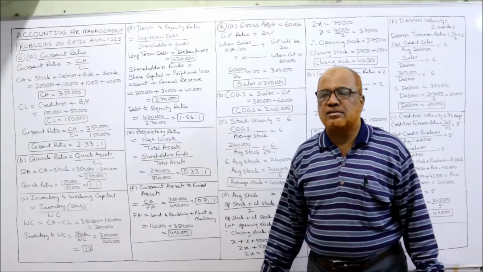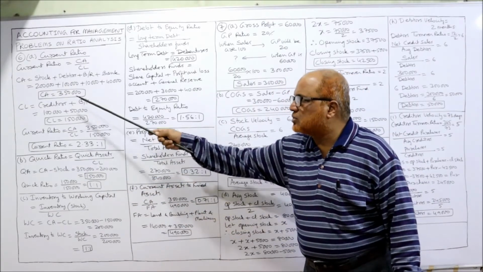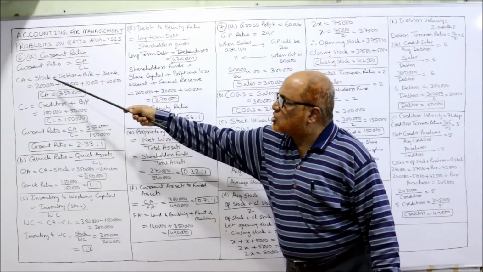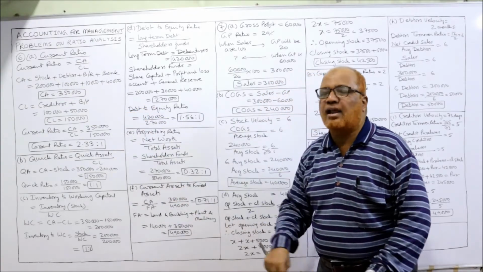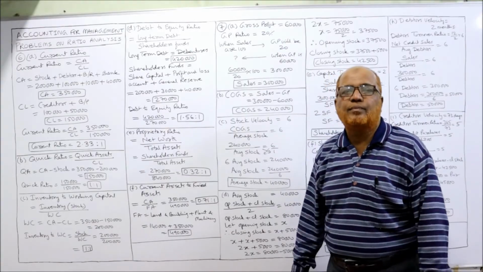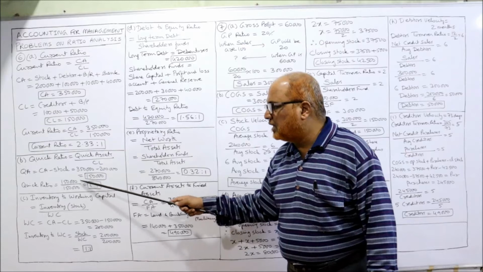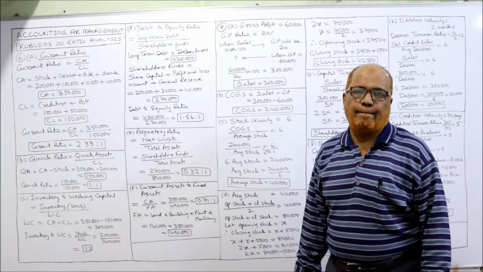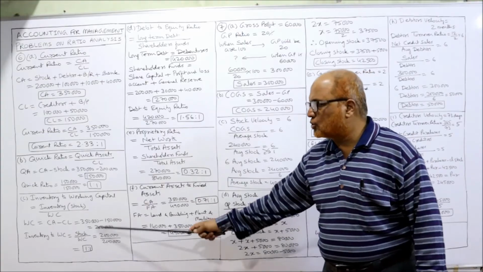The current assets are 3,50,000 and the stock value is 2 lakh, so 3,50,000 minus 2 lakh gives 1,50,000 as the quick assets. Now substituting in quick assets by CL, 150 divided by 150 is 1:1. This 1:1 is the liquid ratio or quick ratio.